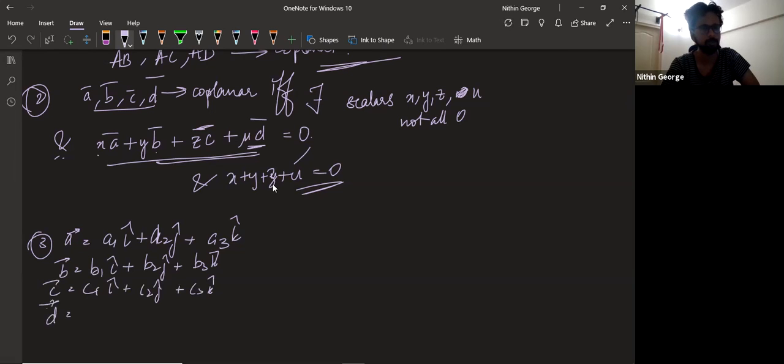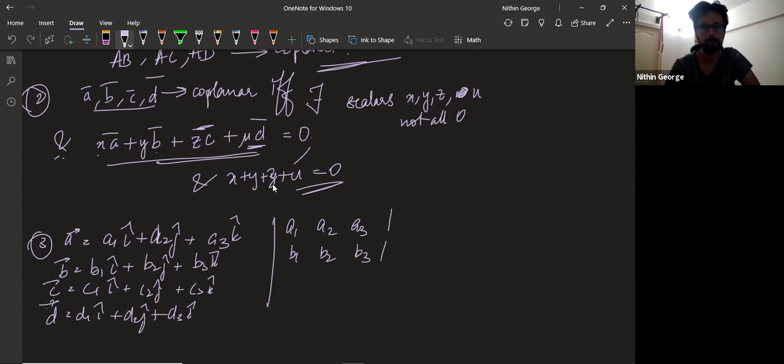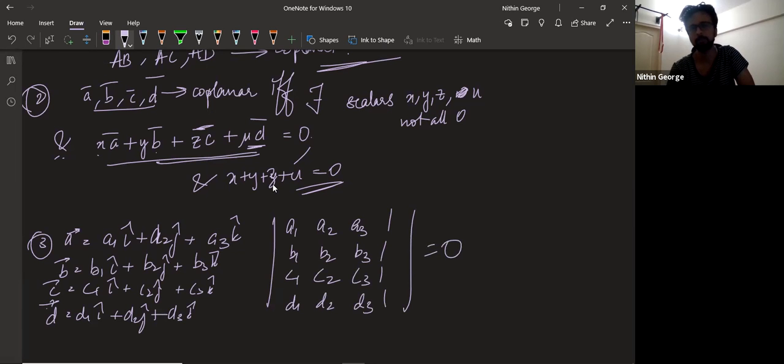D is d1 i cap plus d2 j cap plus d3 k cap. So here, what you simply do, to check if these 4 points are coplanar, is a1, a2, a3, 1, b1, b2, b3, 1, c1, c2, c3, 1, d1, d2, d3, 1 should be equal to 0.